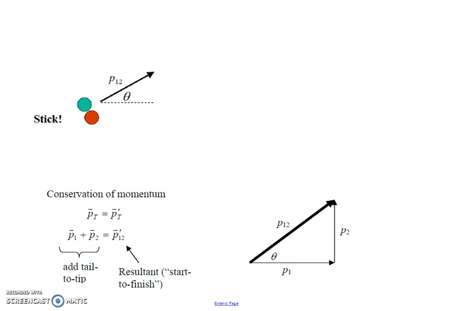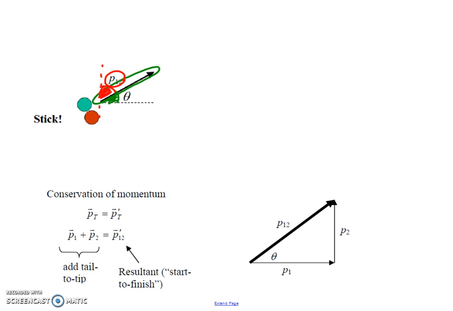Here's basically what happened. They're going to stick together and travel diagonally. As long as you include an angle, either starting from the bottom or up to the right, any of those answers is acceptable. Again, the value of P12 is not going to change, it's just the angle that will change.